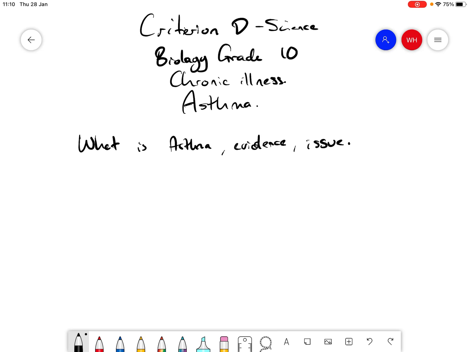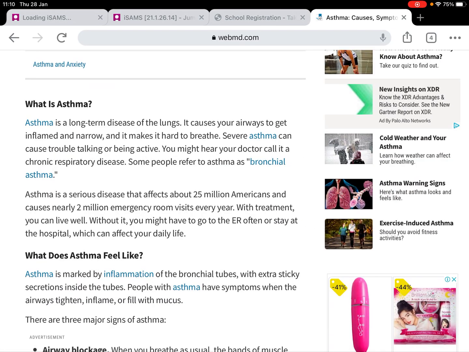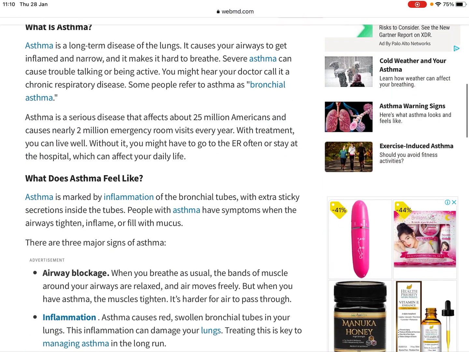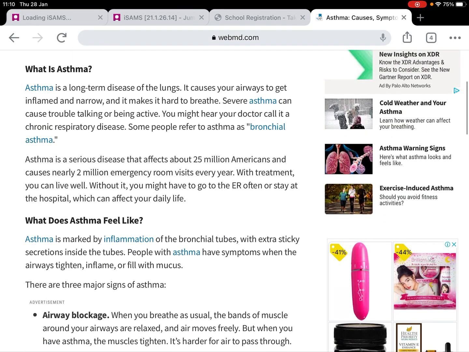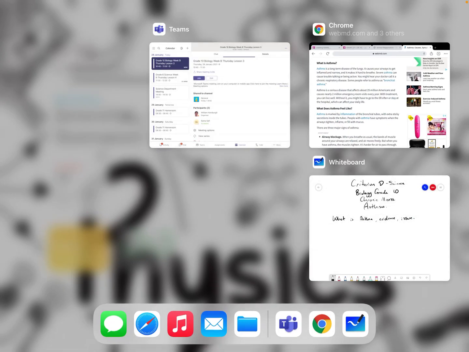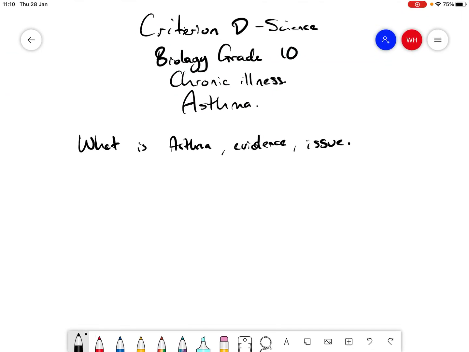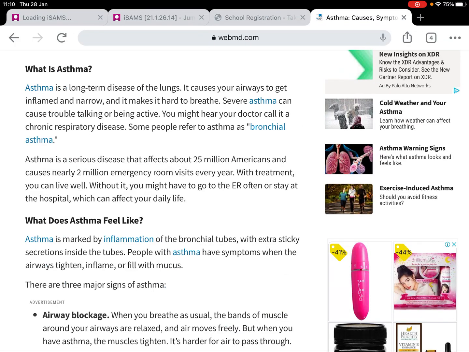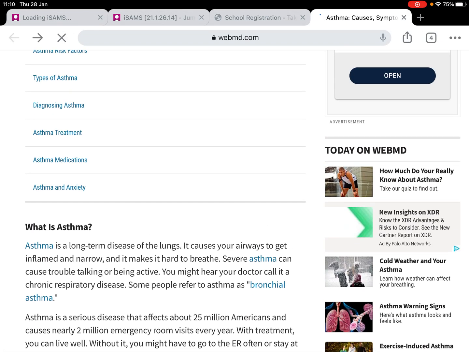I've done a bit of basic research on Google and found this website, webmd.com, that tells me a few statistics, and I can include that. So I'm going to intro by explaining what is asthma, give some evidence that it's an issue, and any relevant diagrams.